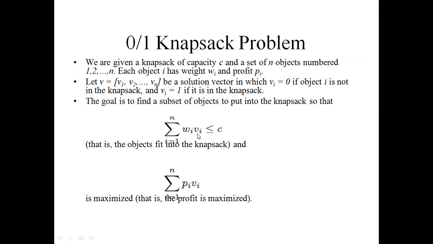Sigma wi Vi, wi means weight of the object i, Vi means we have the value, should be less than or equal to C. It should be within the capacity of the bag, so the objects fit into the knapsack. And the profit should be maximized, that is sigma i equal to 1 to n of pi Vi, where pi means profit of object i.